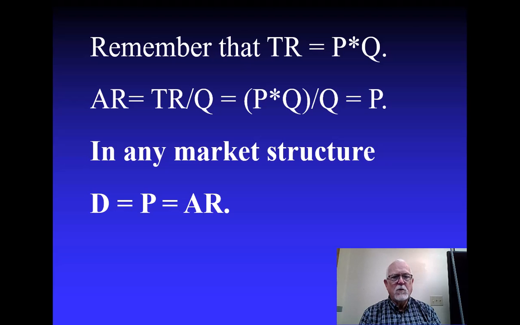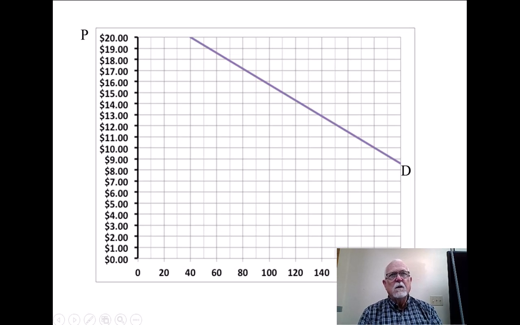So in any market structure that we talk about from now on, the demand curve is equal to price is equal to average revenue. That demand curve or line, if it's linear, we can think of in three different ways. This is the demand curve, and at a particular point, that also gives us a particular price, and then that's also the average revenue.